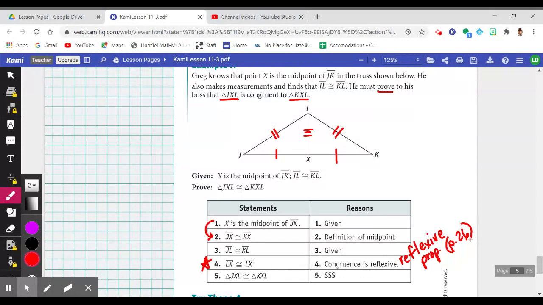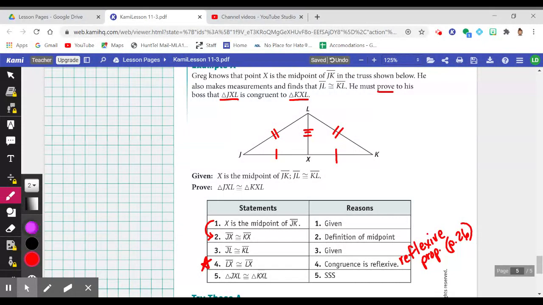So for something to equal itself, it seems silly that we even have to mention it, but in order to prove 2 triangles congruent, we need 3 pairs of corresponding parts, and this is the easiest pair to figure out, that one side is in fact congruent to itself, where it's the same length for both triangles.